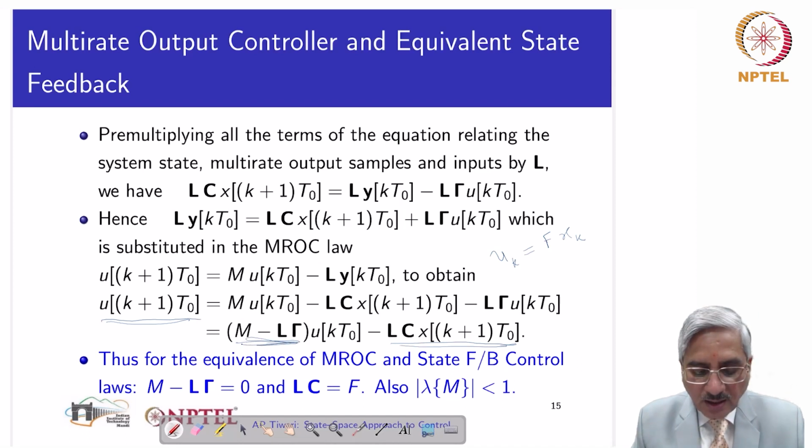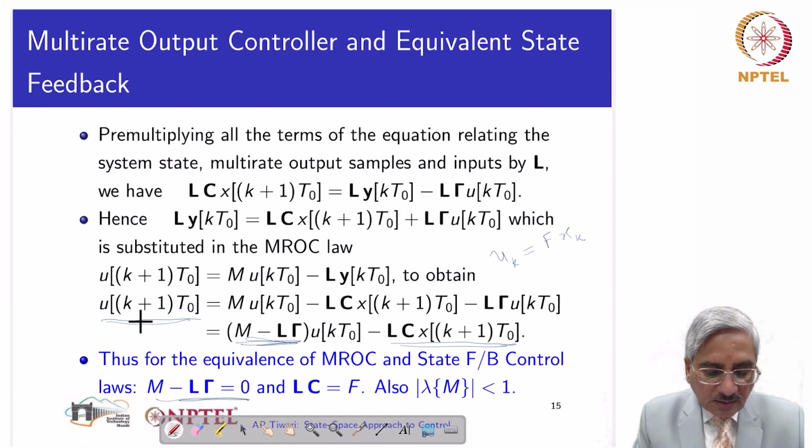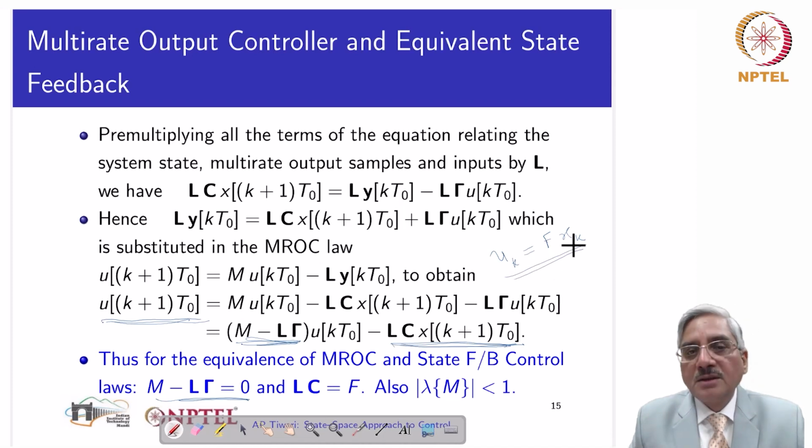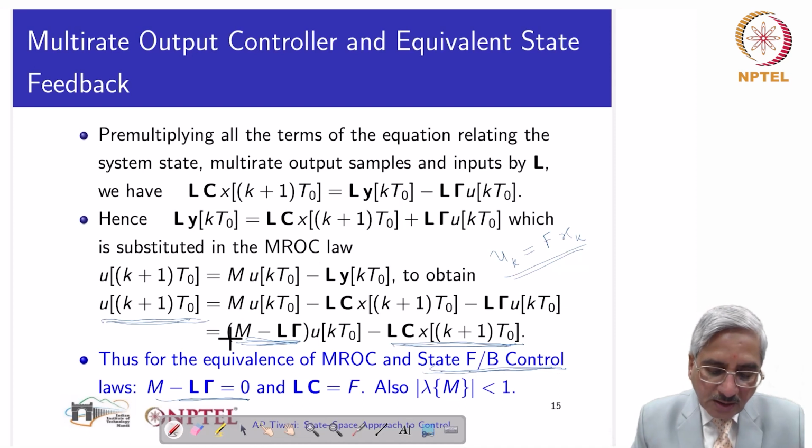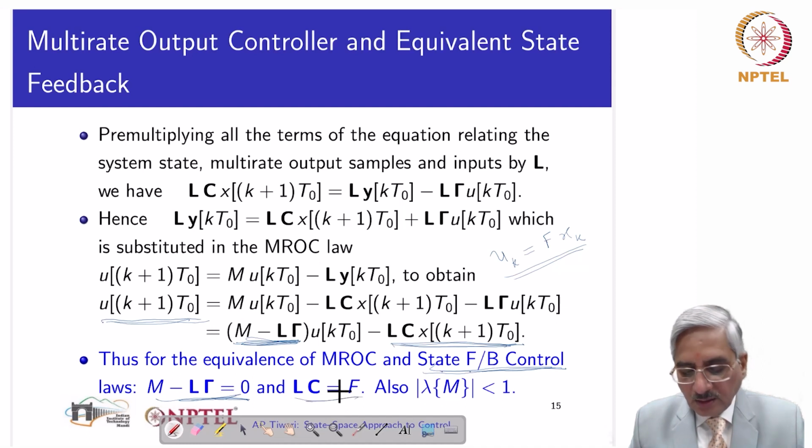If M minus LΓ is 0, then this is equal to this, and that corresponds to this. So the control law, the multirate output controller, based on multirate samples of outputs, is equivalent to state feedback control, subject to M minus LΓ being 0 and LC being equal to F.